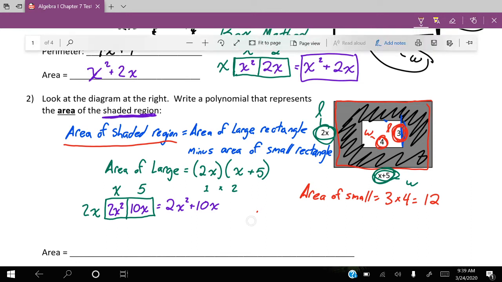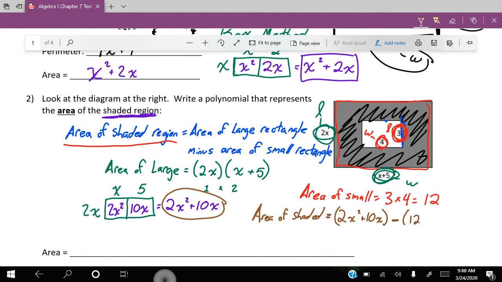The area of the shaded is the area of the large rectangle. Well, that is 2x squared plus 10x minus the area of the small rectangle. The area of the small rectangle is 12.